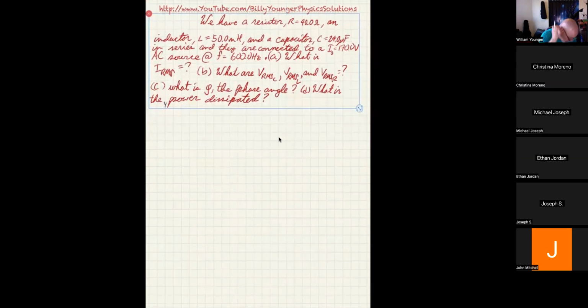So this is the problem that we're actually working. Now I just have to use those results. In order for me to find the VRMS, I've got to find V0, and then I've got to find the impedance and that sort of thing. So let's do the solution.